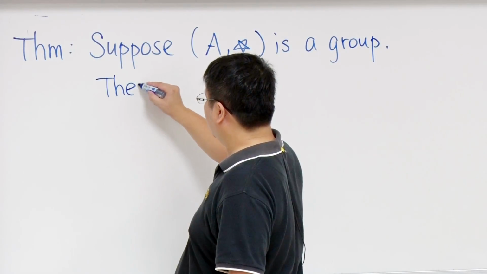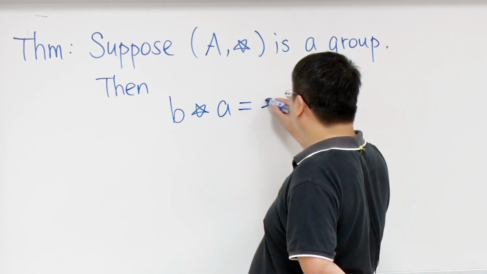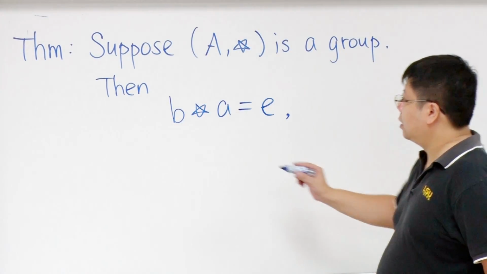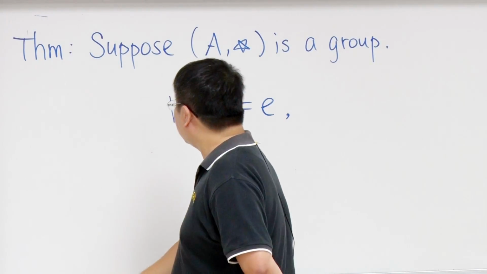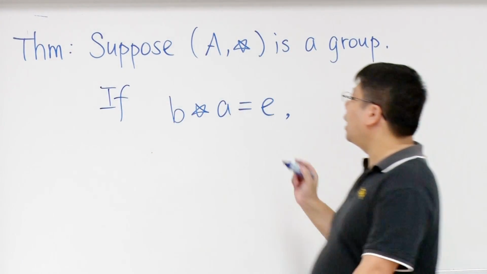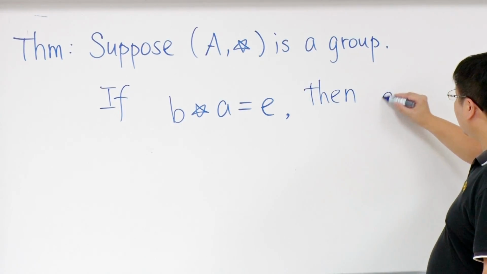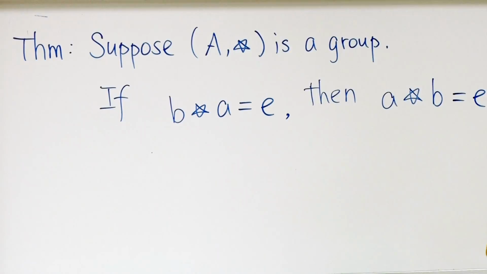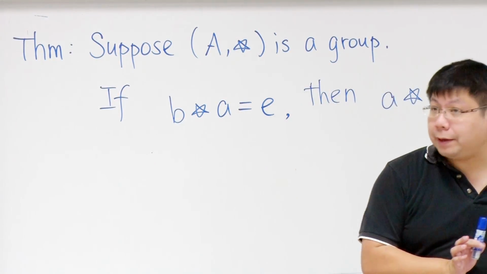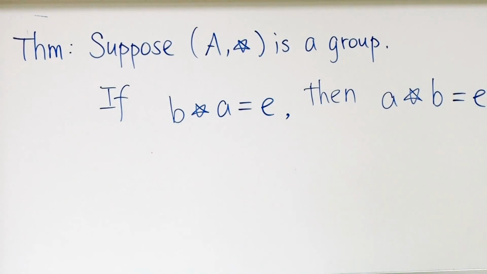Then, if we have a left inverse of A, so if B star A is equal to E, we want to claim that A star B is also equal to E. So if there is something that acts as a left inverse, then this item also acts as a right inverse. Is that okay? So let's prove this.